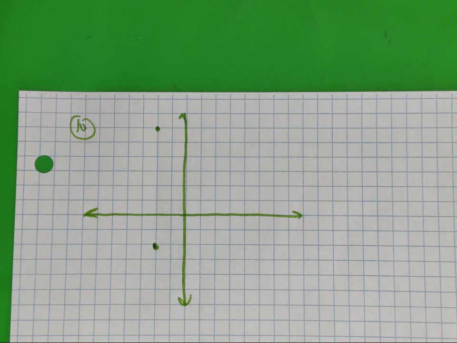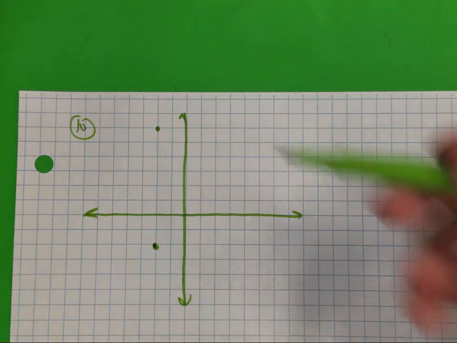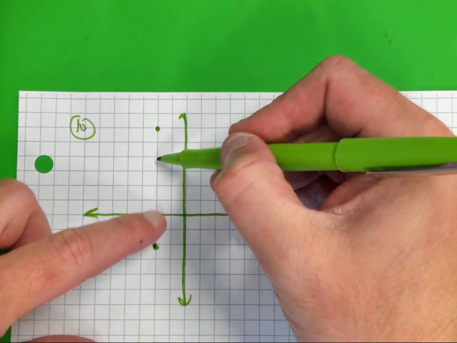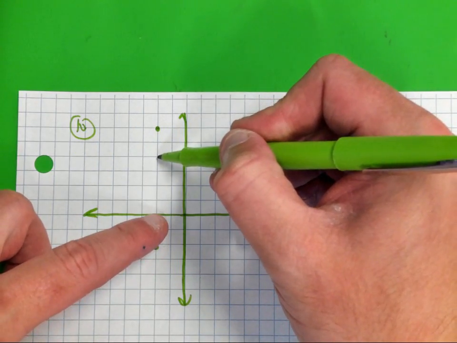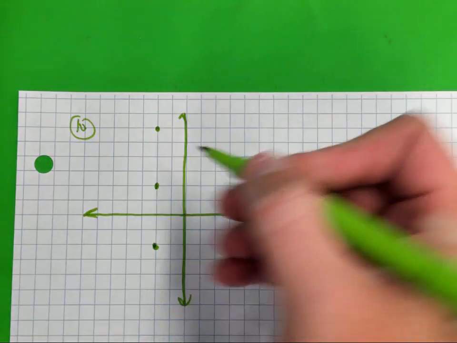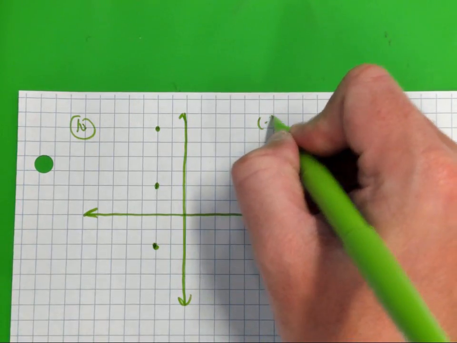Ready? You see right there the center? So I'm going to put a dot right there. So my center's at -2, 2.